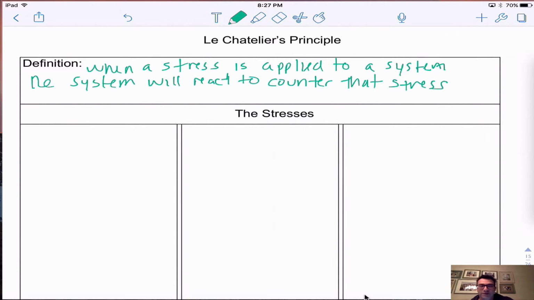They call this reaction, where the system will try and counter the stress, a shift. So when we talk about a shift, that's how the system will react to the stress to counter it.